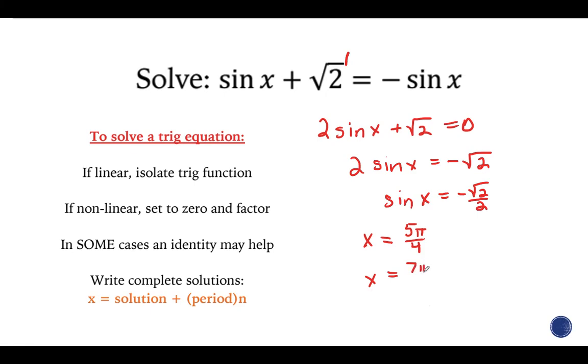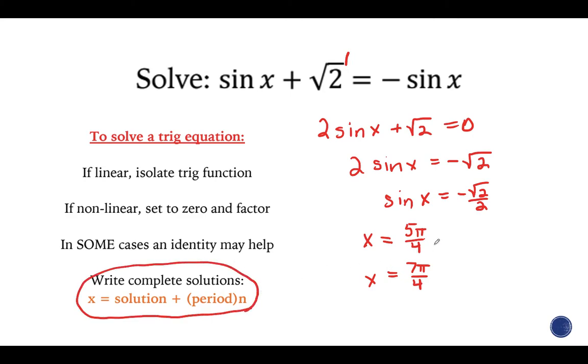And that's going to be my fourth quadrant solution of where sine is equal to a negative square root of 2 over 2, okay? Now, again, these are just partial solutions. Those are just the solutions from one revolution around the unit circle, right? But we know that that graph of sine keeps going in infinite directions in both ways. So this is where the complete solution comes into play, right?